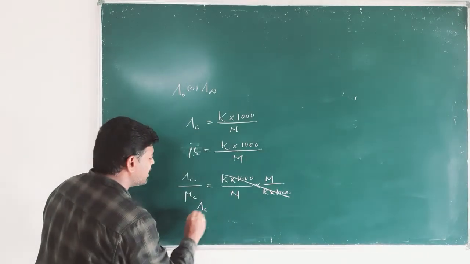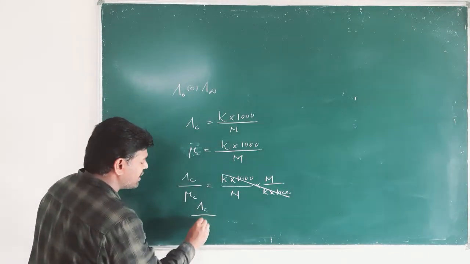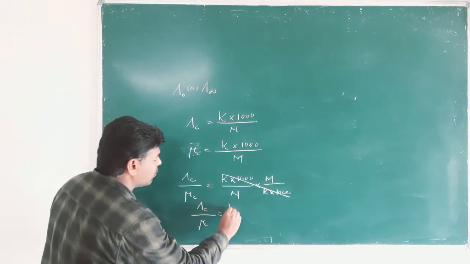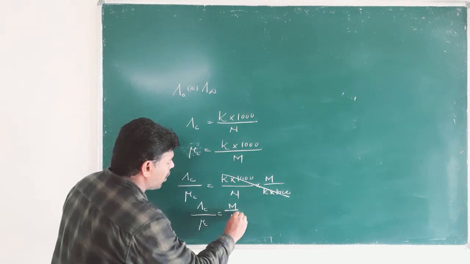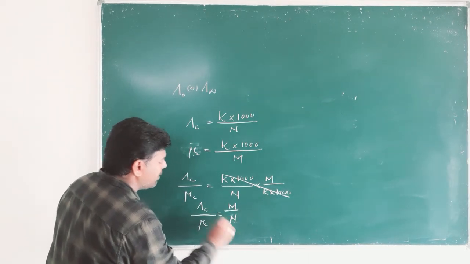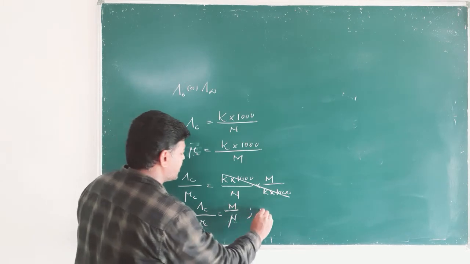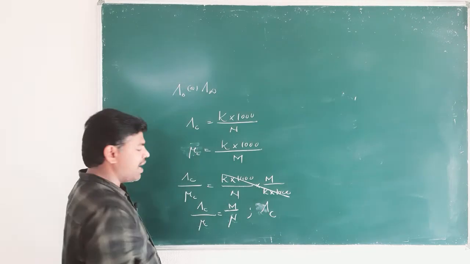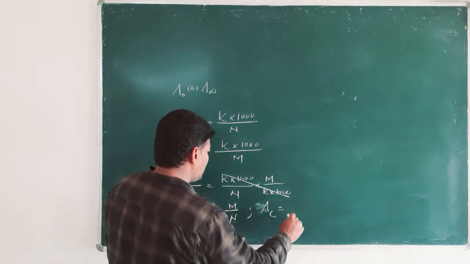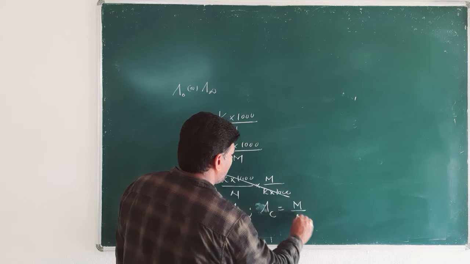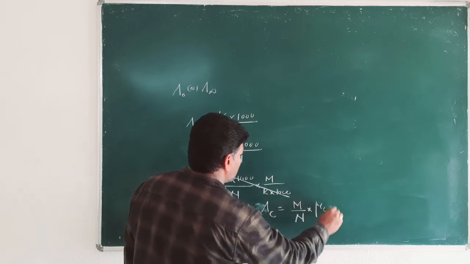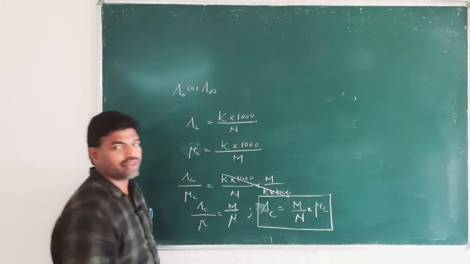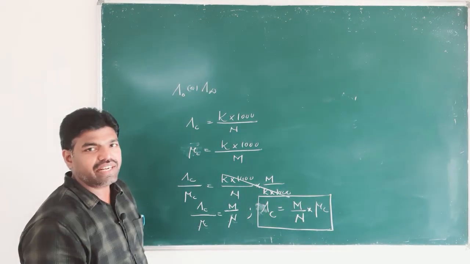So, lambda c, that is equivalent conductance at any concentration, is equal to molarity by normality into mu c, the molar conductance at any concentration. This is a very important relation which helps in solving the problems, right?